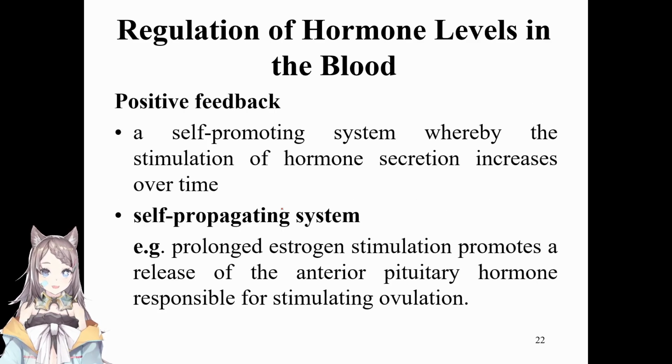On the other hand, we have positive feedback. It is a self-promoting system whereby stimulation of the hormone secretion increases over time. It is a self-propagating system. An example of this is estrogen stimulation. Prolonged estrogen stimulation promotes release of more anterior pituitary hormones responsible for stimulating ovulation.